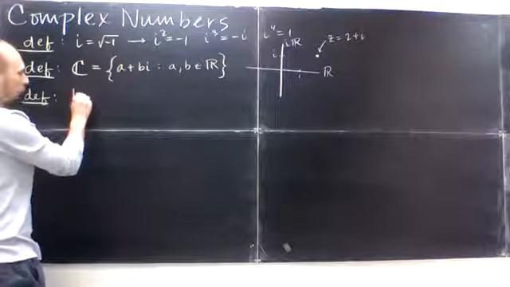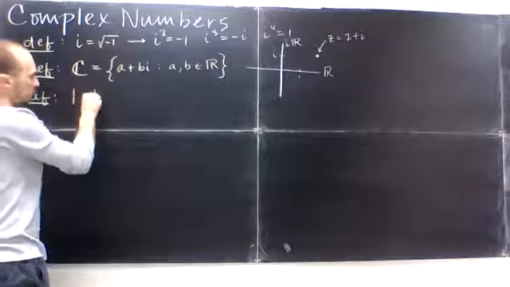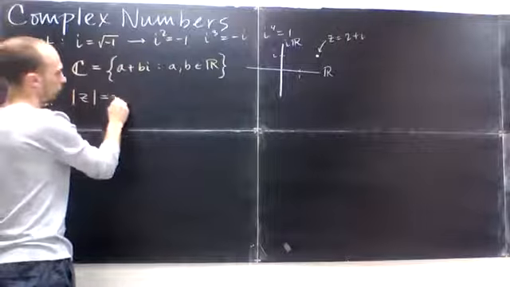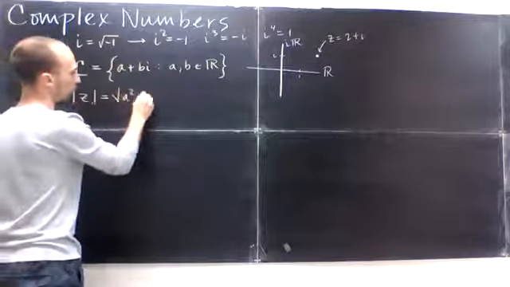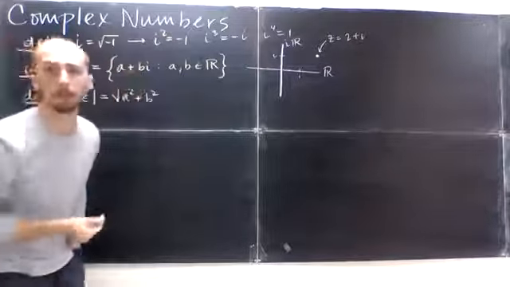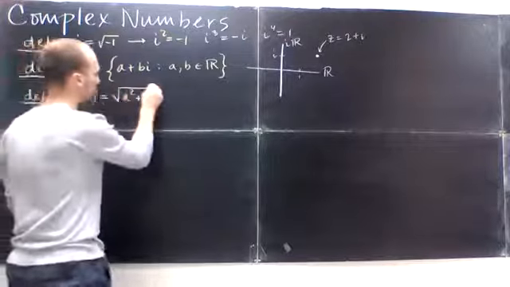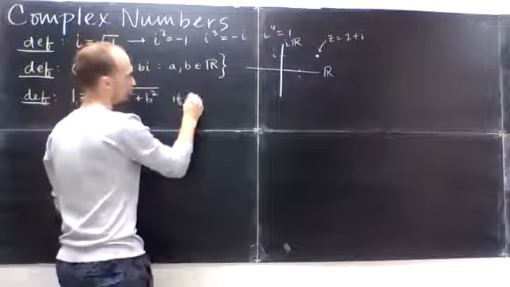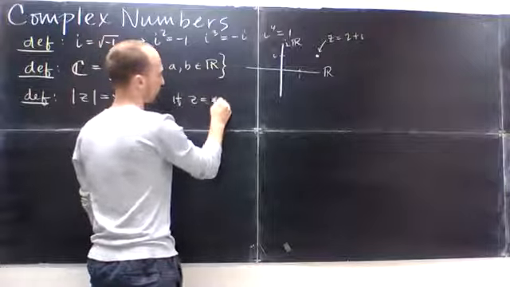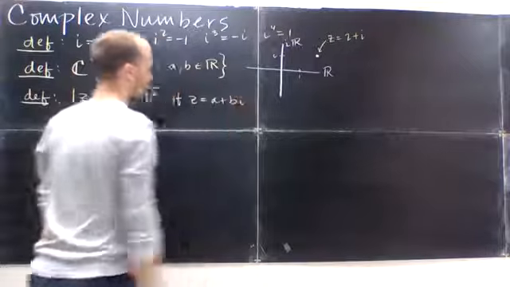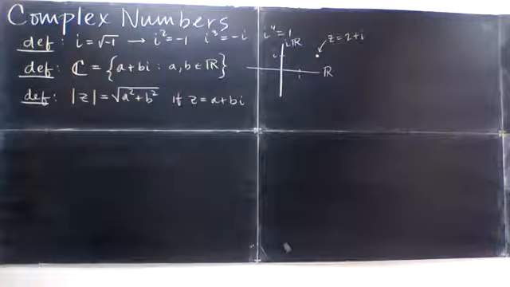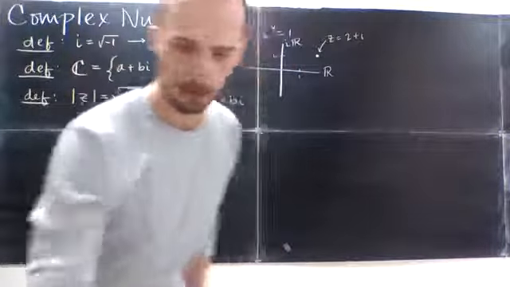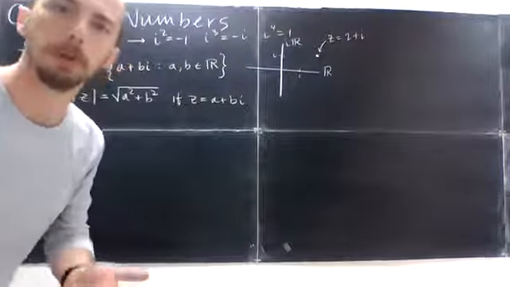So the absolute value of z is equal to the square root of a squared plus b squared if z is a plus bi. Maybe I'll write that. Okay, and that kind of makes sense, right? Because the absolute value of a number is its distance from 0.